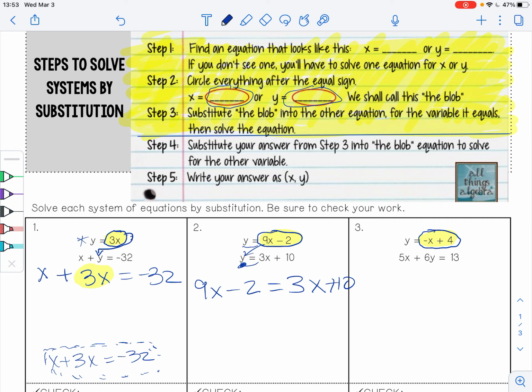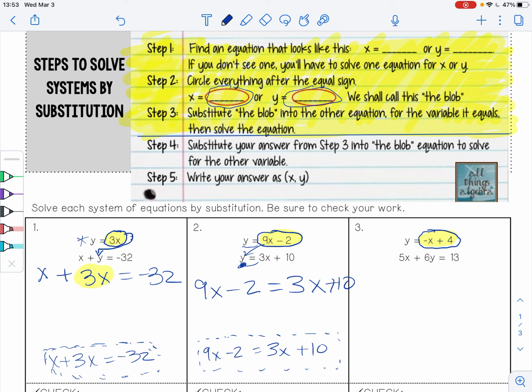So in my dotted box on Class Kick, I'll write 9x minus 2 equals 3x plus 10. If you did it the opposite way, you could have also done 3x plus 10 equals 9x minus 2. You could have done it either way.